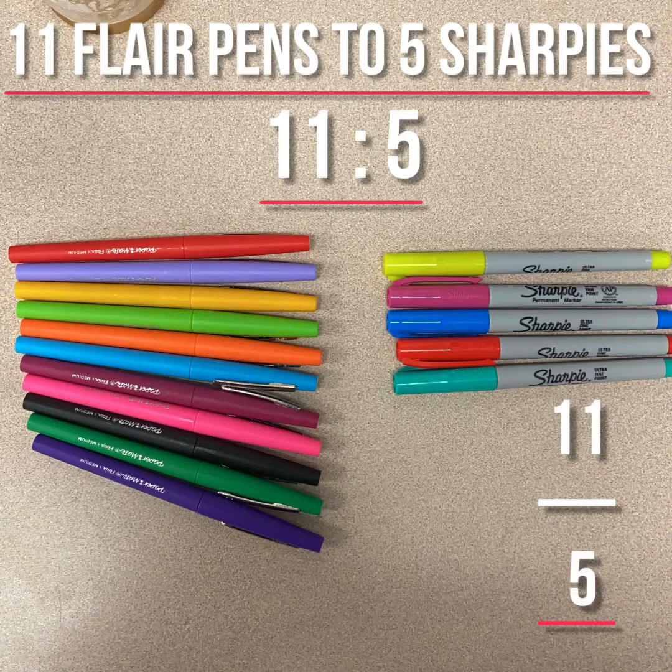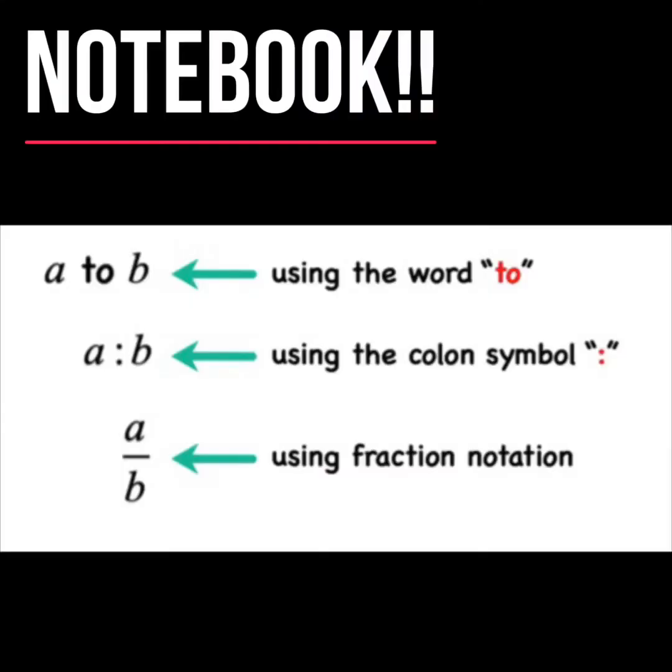Of course, we could add labels to any of these. So I could write 11 Flair pens, 5 Sharpies, or 11 Flair pens over 5 Sharpies in the bottom right corner. If you're somebody who wants to take this down in your notebook, I would.